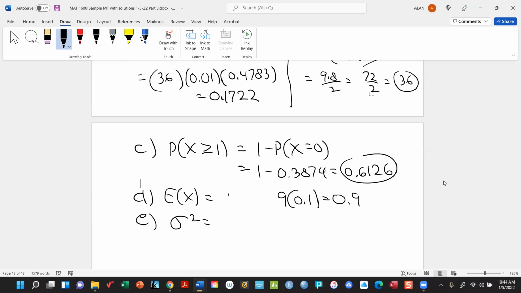Just a reminder what the actual formula is.